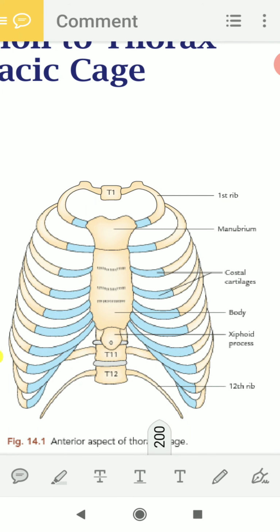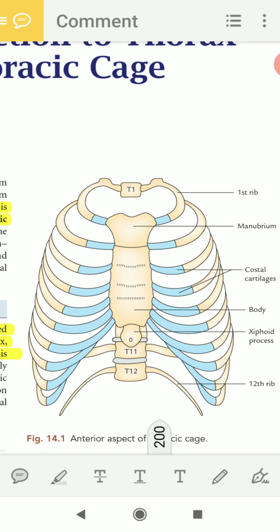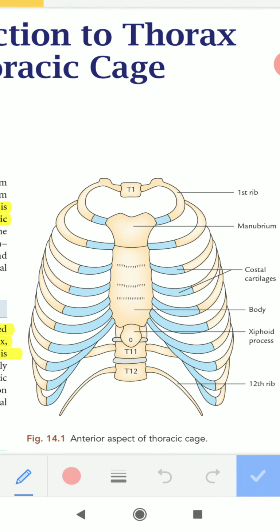Okay, so you can see, look at that, the transverse diameter is increasing from above downwards. So from the first rib, second, third, fourth, fifth, sixth and seventh, you can see the greatest transverse diameter is at this level, isn't it?